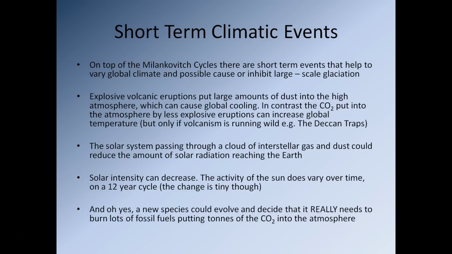These decreases are very, very small, but in the right conditions, they could have an effect. And then, of course, you can have other fun stuff happening, like a new species evolving that really needs to burn very large quantities of fossil fuel, putting tons of carbon dioxide into the atmosphere, thereby changing the greenhouse effect. So the variables are extremely huge when it comes to glacial events. That's why they're so rare.